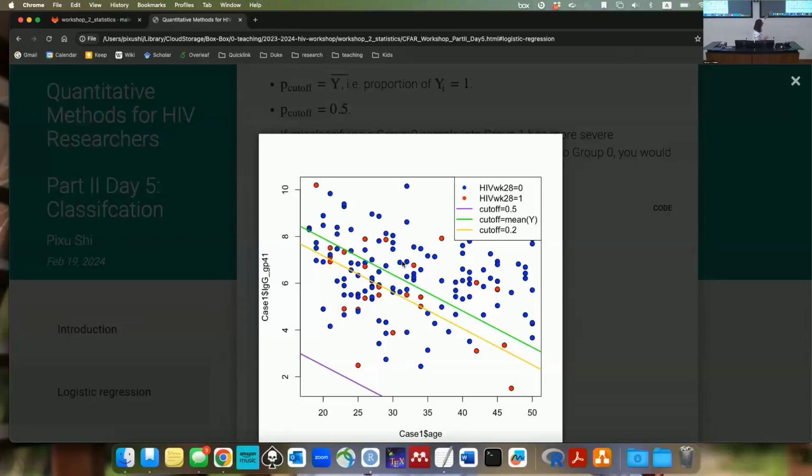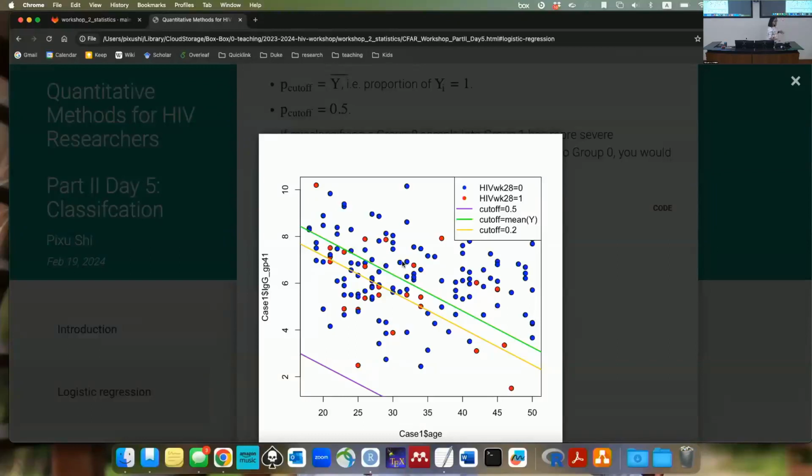So here I have 3 cutoffs. If you say that if the probability is above 0.5, then it's a positive case, the line will be here. Because this is a super imbalanced study, you only have a very small number of patients getting infected.